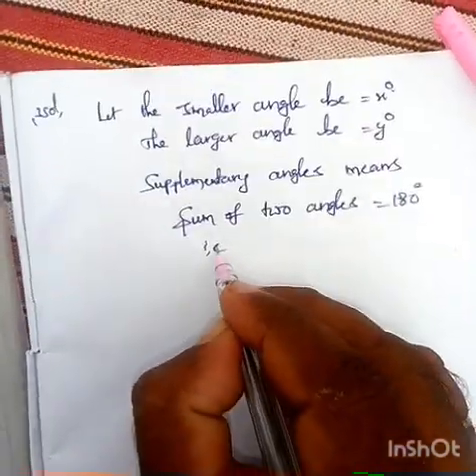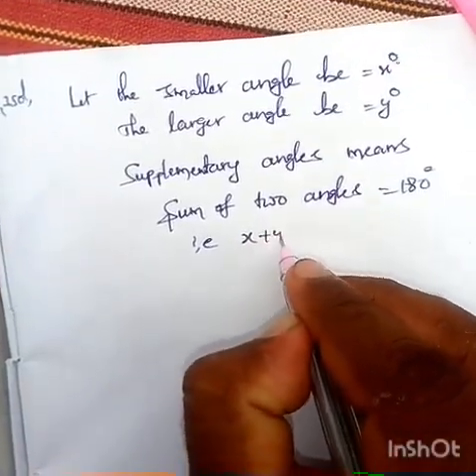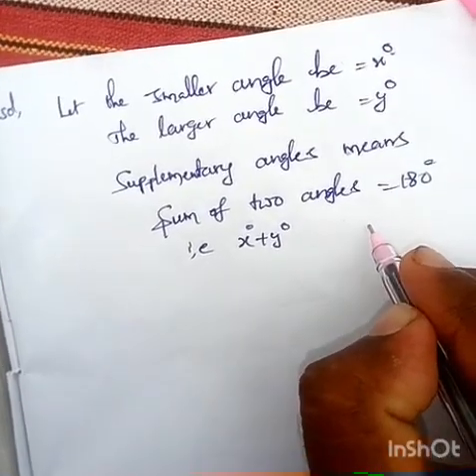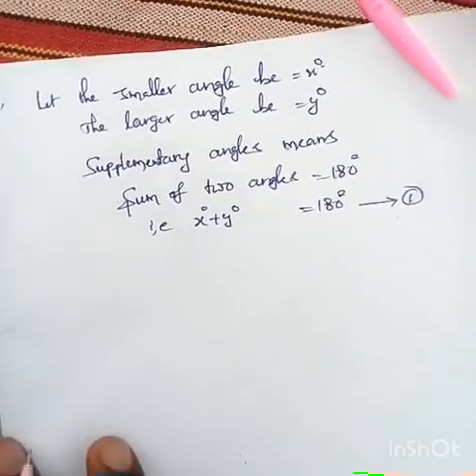Here the two angles are x degrees and y degrees. So x degrees plus y degrees is equal to 180 degrees. So this is equation 1.